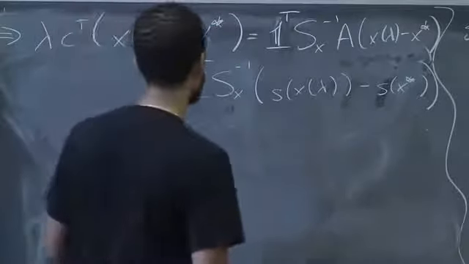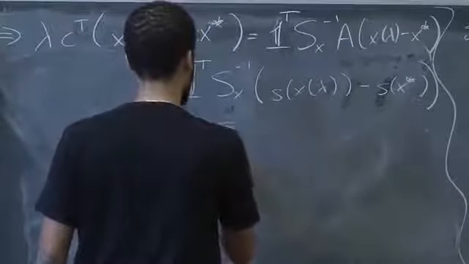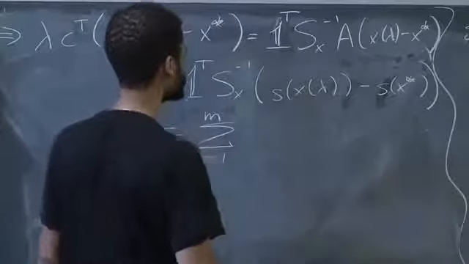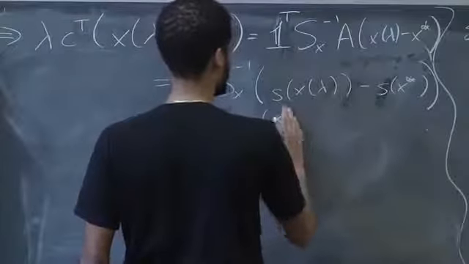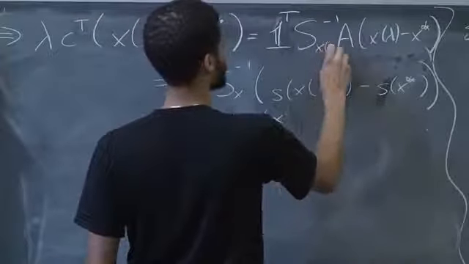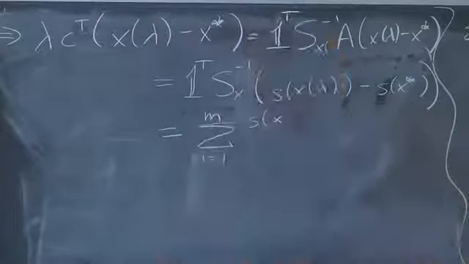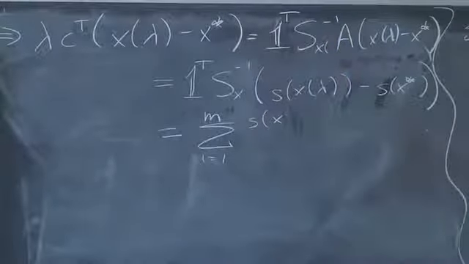So this thing is equal to the sum, i going from 1 to m, and this is the slack vector at x lambda.